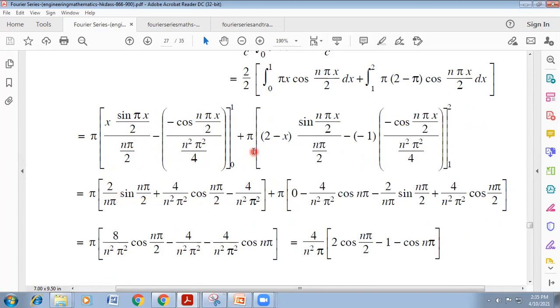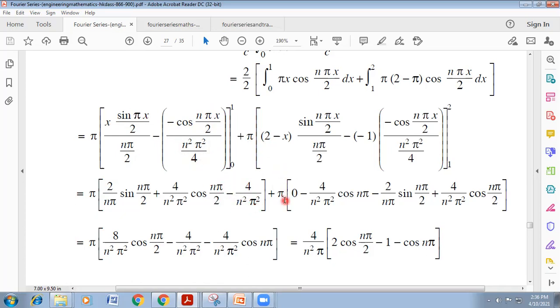Now putting 0, this will become 0, and this will become cos 0. Cos 0 means 1, so only 1 divided by 4, that means 4 divided by n squared pi squared.